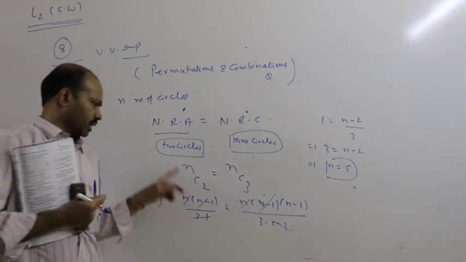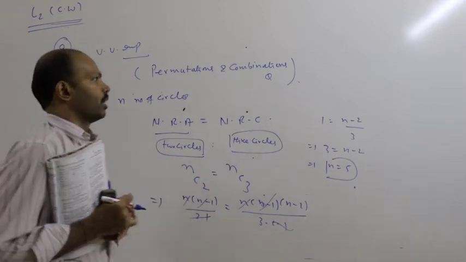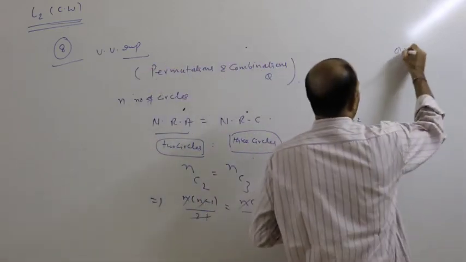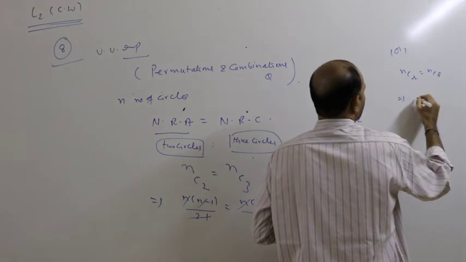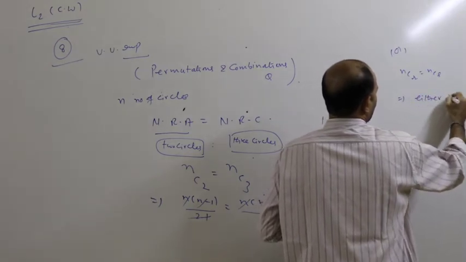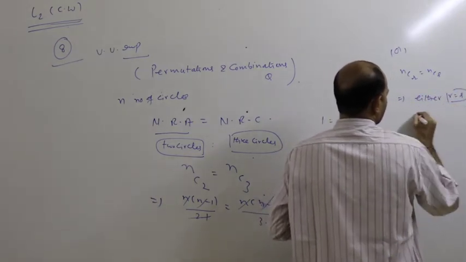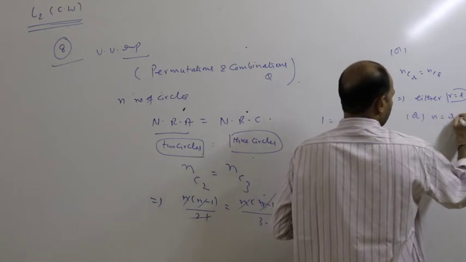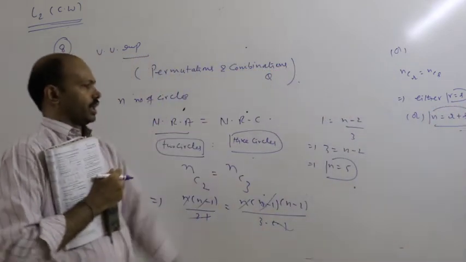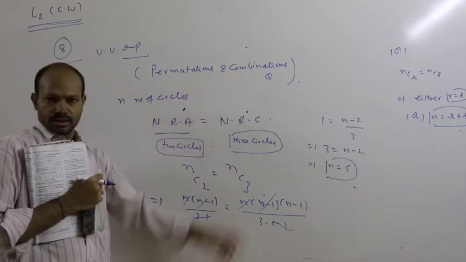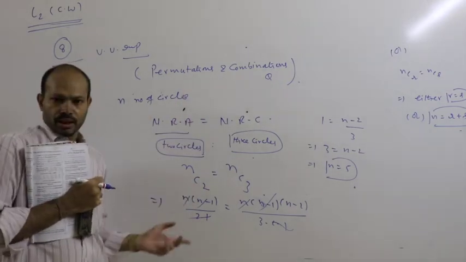There is another method: nCr is equal to nCs implies either r is equal to s or n is equal to r plus s. By that formula also we can apply. That came from permutations and combinations. 2 and 3 are different.